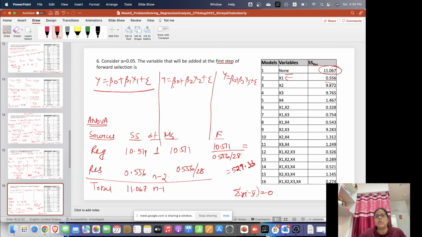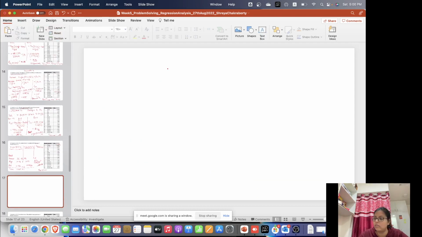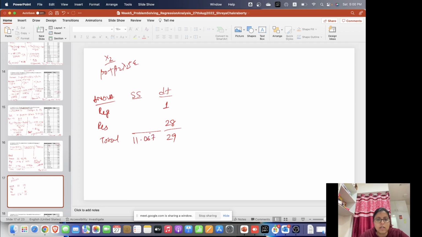Similarly, here also we'll fit that ANOVA table, and then we'll find out the F value. Okay, so in this case, for the second one, this would be when I am including x2 in the model. Then regression, residuals, total, sum of squares, df would be 1, 28, 29. This one is 11.067.